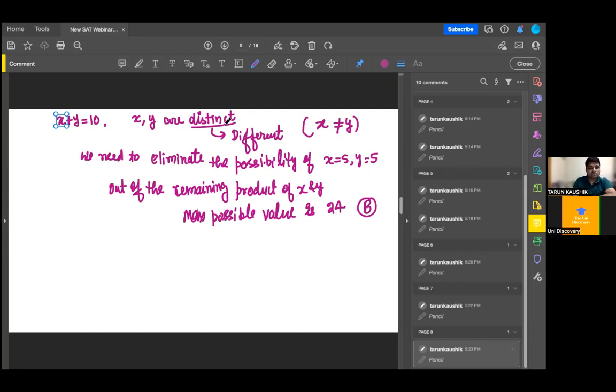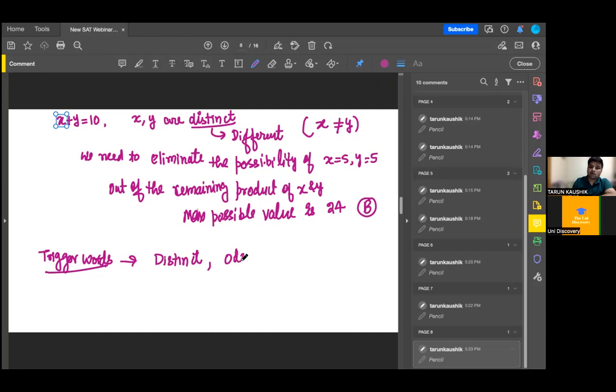So the point of the question is you need to focus on the words which are written in the question. There are a few trigger words which will be tested in your SAT. So the moment I see words like distinct, I should always underline this and write down the piece of information.